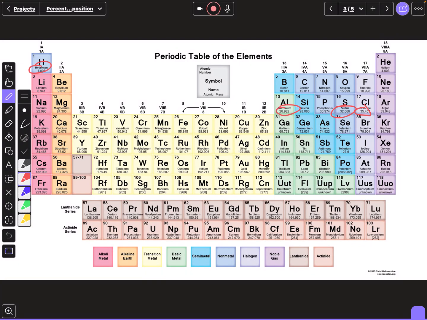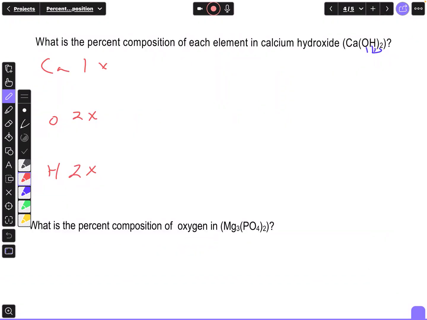Calcium has an atomic mass of 40.078, so that'd be 40.08. Oxygen is 16.00, and then hydrogen is 1.01.